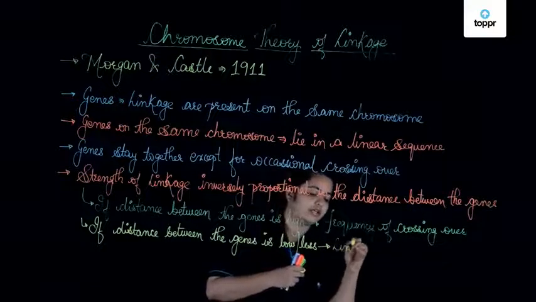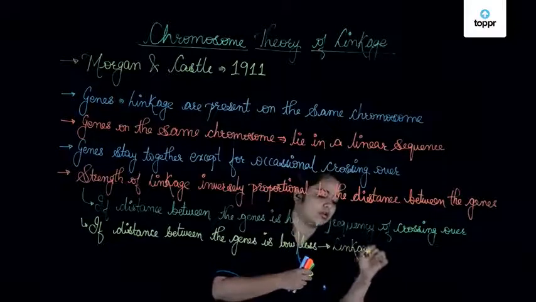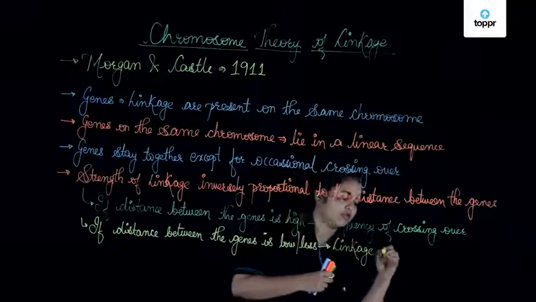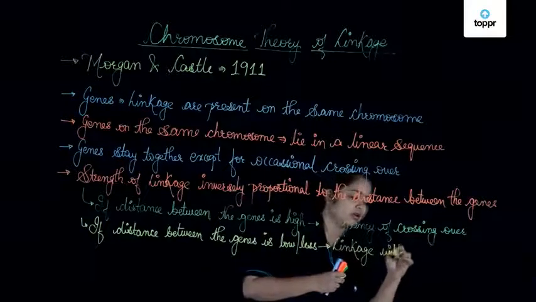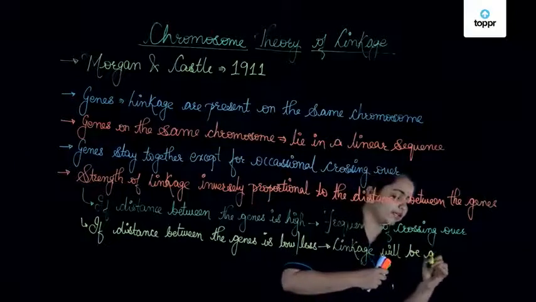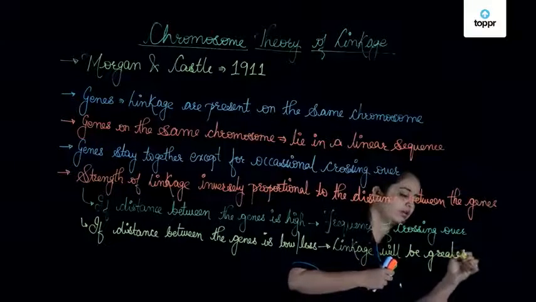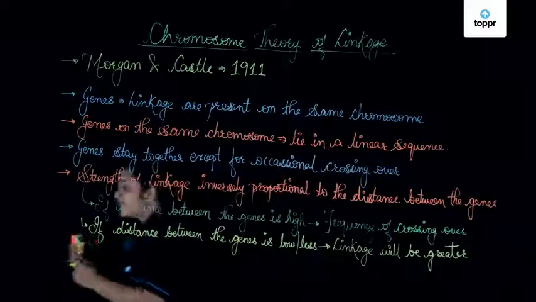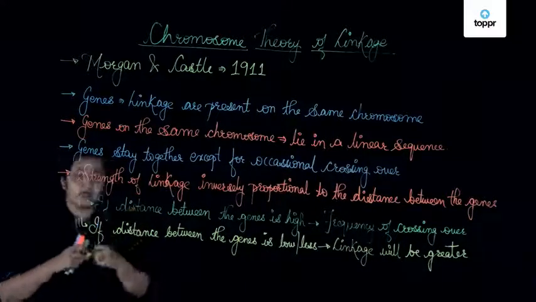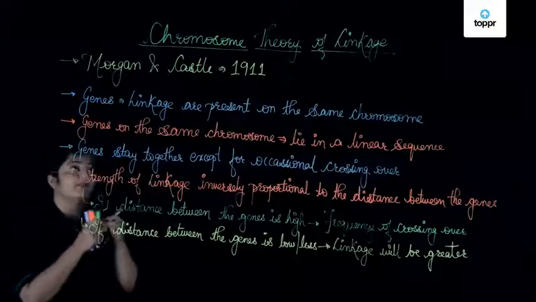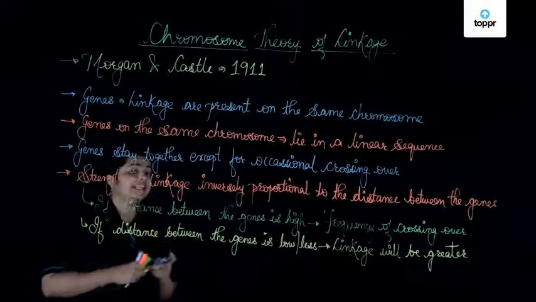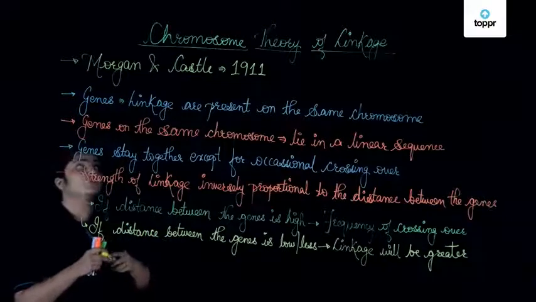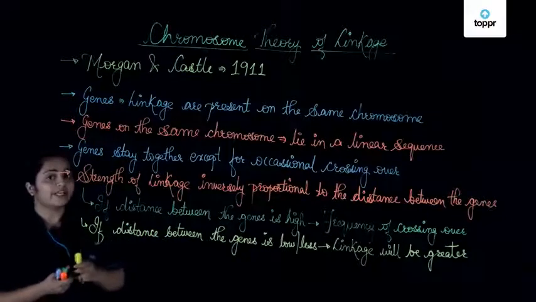So linkage will be greater. The probability of linkage, and the tendency to remain together, will be higher. This is what was put forward by both Morgan and Castle in the year 1911 in their chromosome theory of linkage. This is what they had to say.